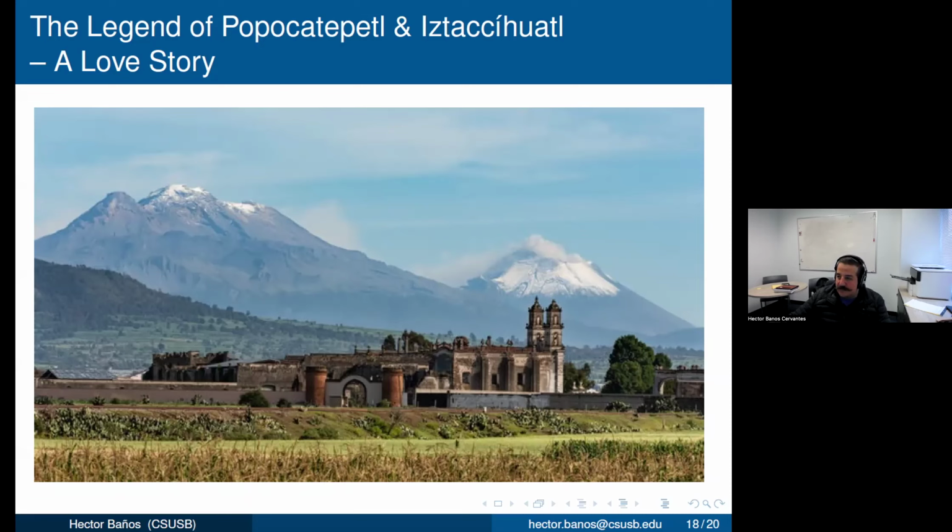However, a jealous rival of Popocatépetl, envious of the profound bond shared by the young lovers, deceitfully informed the princess Iztaccíhuatl that her beloved had perished in combat. Crushed by the weight of grief and consumed by sorrow, the princess succumbed to her despair and passed away, unaware of the falsehood that had shattered her spirit.